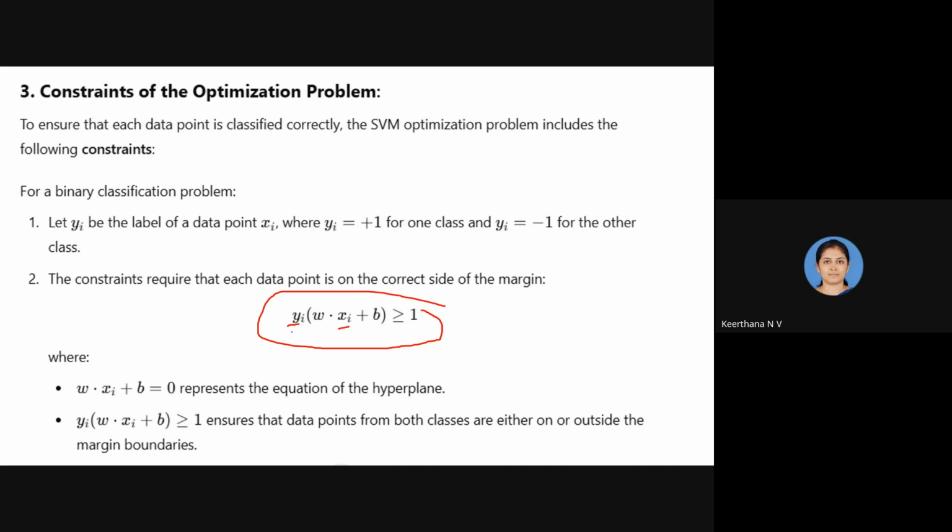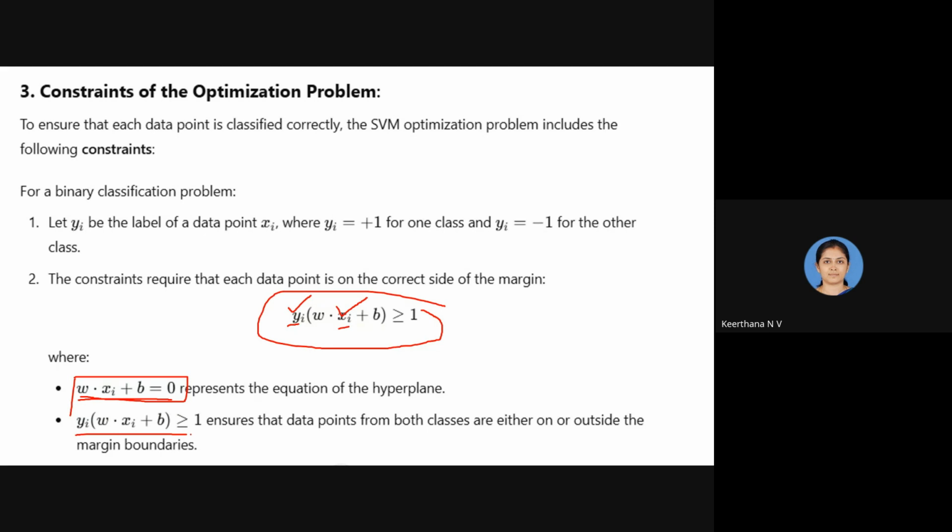Why a quadratic optimization problem? Because we are taking the x and y vectors as linear constraints, and these can be solved using Lagrange multipliers. We will see in future the Lagrange dual formulations. This represents the equation of the hyperplane as shown in the figure above, and it ensures the data points from both classes lie outside the margin boundaries.